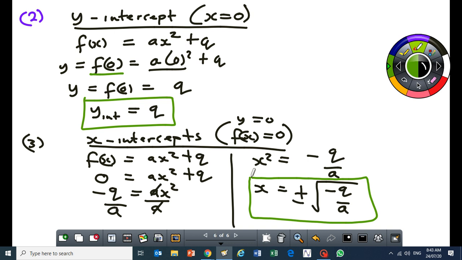Because of this plus or minus, it means you're supposed to have a maximum of 2 x-intercepts. Sometimes the x-intercepts may not exist. It's very much possible, so don't be surprised if you find that the graph doesn't have an x-intercept.